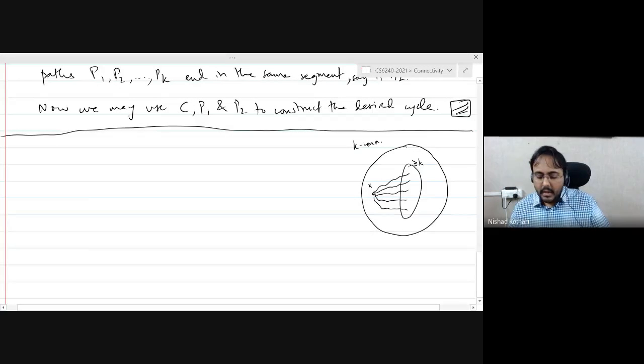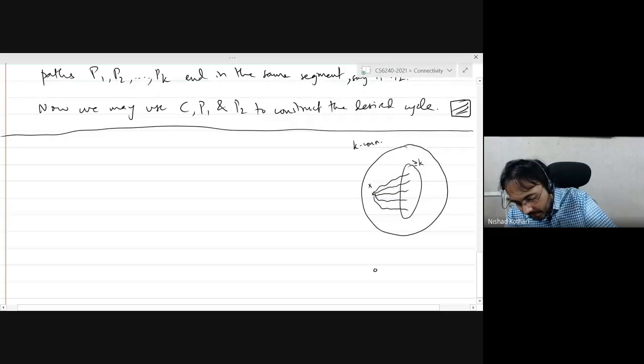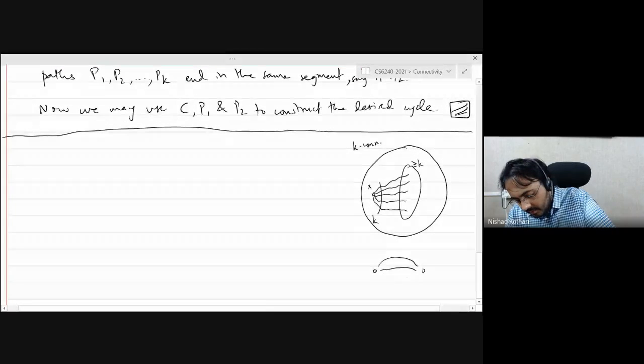Right? We want to find these paths. What we do know is that between any two vertices, there are k such paths.